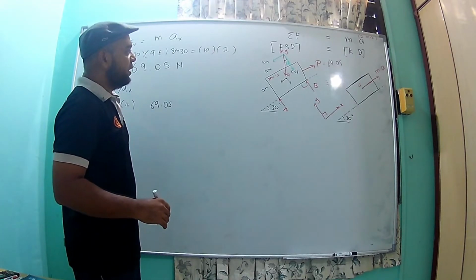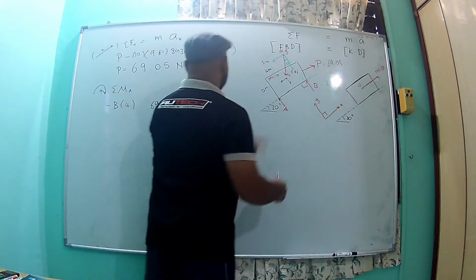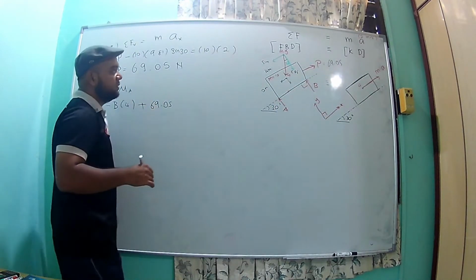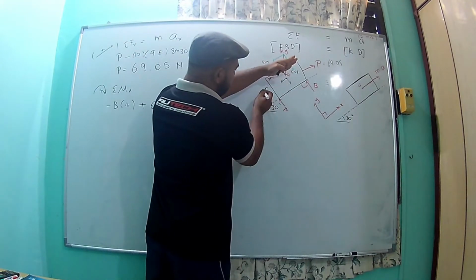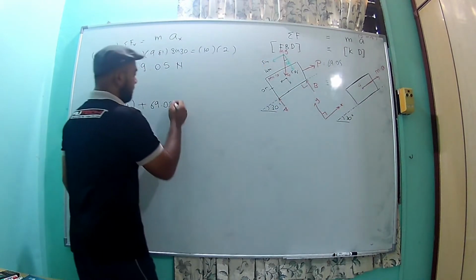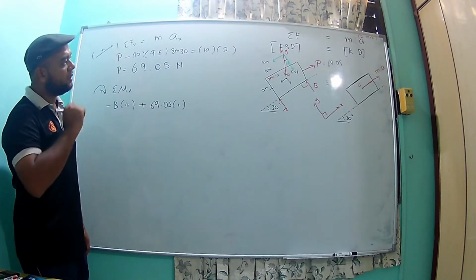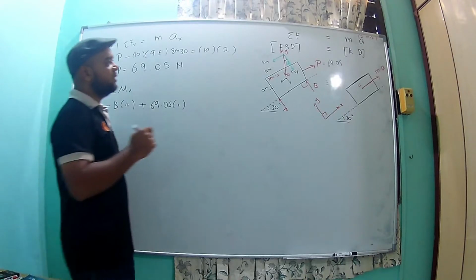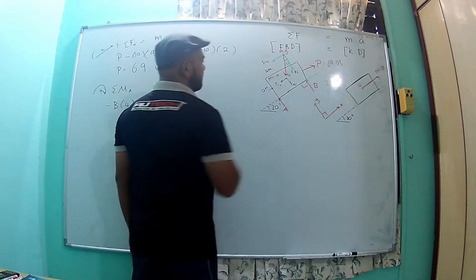69.05, and then what we'll have is, I put a pin here, pull this direction, it will go clockwise, so plus, and the distance from here to here is, this is 2, so we have half of it, 1. Okay, so BP, and we still have 2, which is this one cos and this one sine.